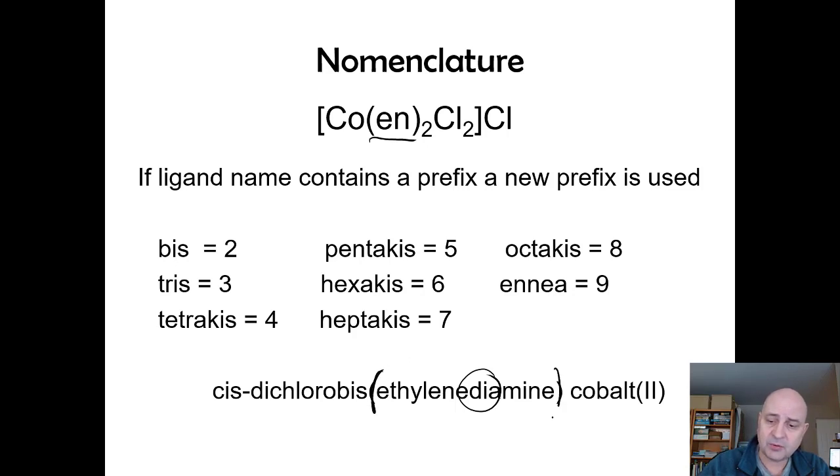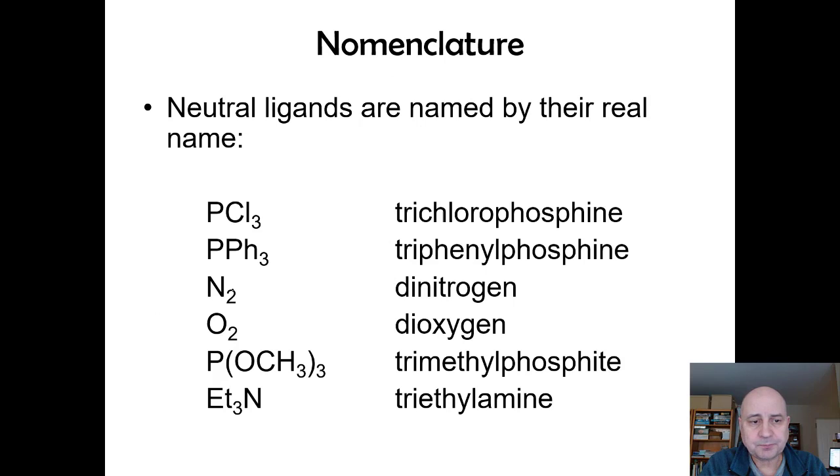We put it in parentheses, and in this case, we have two ethylenediamines. So instead of diethylenediamine, we call that bis(ethylenediamine). Here are some of the goofy names: tetrakis, pentakis, hexakis, heptakis. Chances are we'll have either bis or tris that we will encounter here.